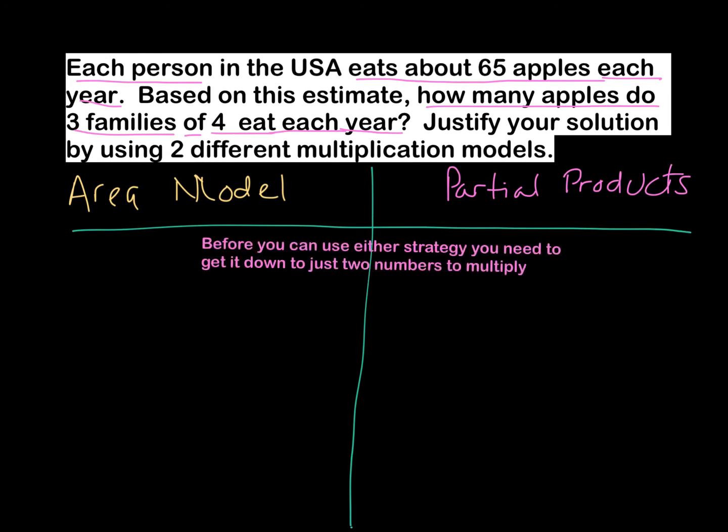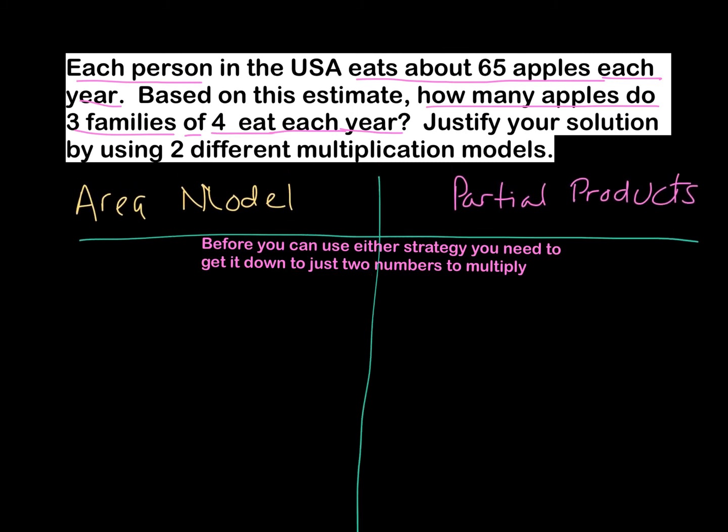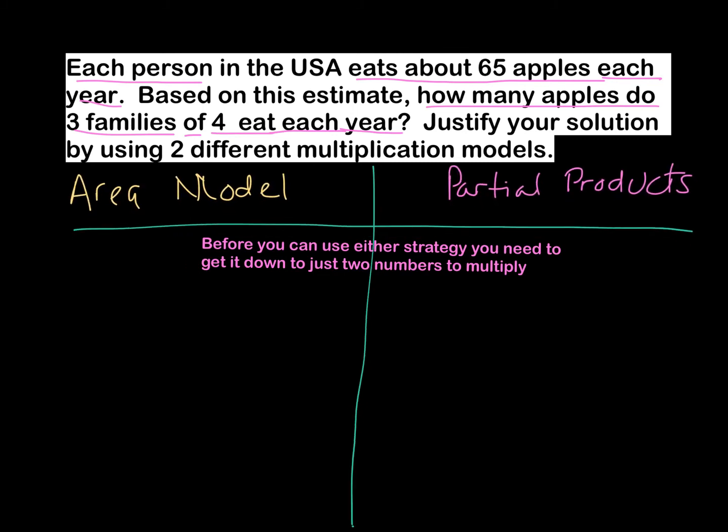Before you can use either strategy, you need to get it down to just 2 numbers to multiply. So you need to think, well, 3 families with 4 people will give you 12 people.